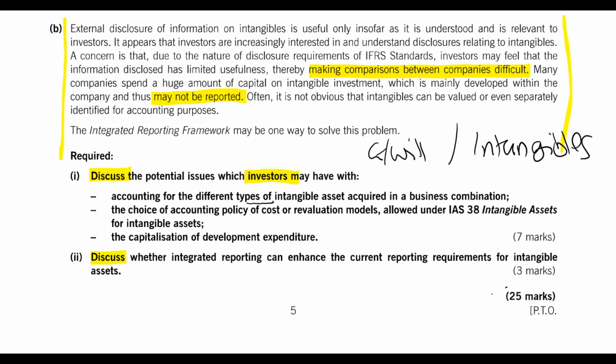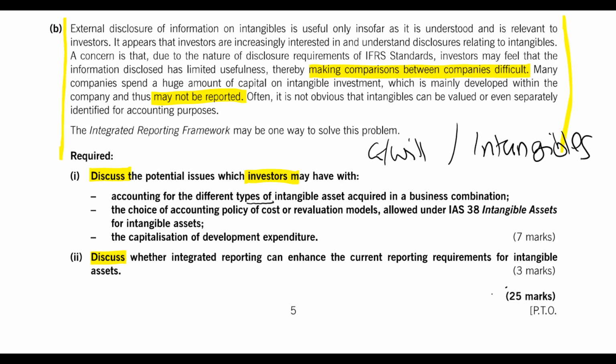And they've got different treatments. Goodwill has to be subject to an annual impairment review, but the default for an intangible, if you can recognize it separately, is amortization. Now, if you can't recognize the intangible asset separately, it ends up being subsumed within goodwill and gets treated in a different way.